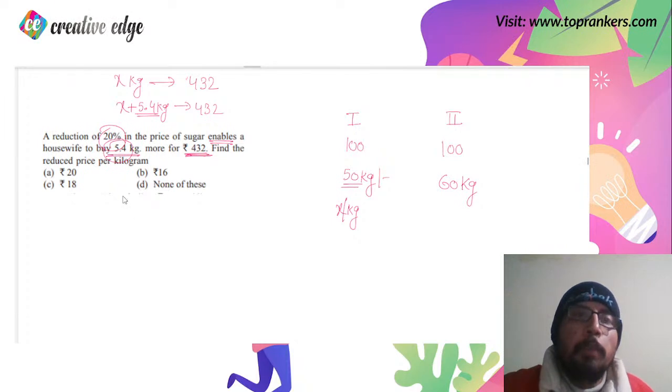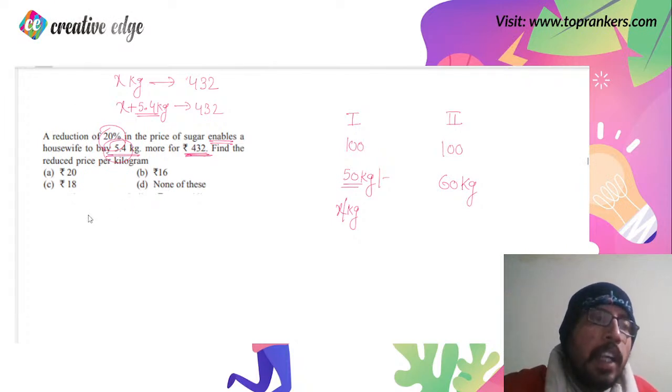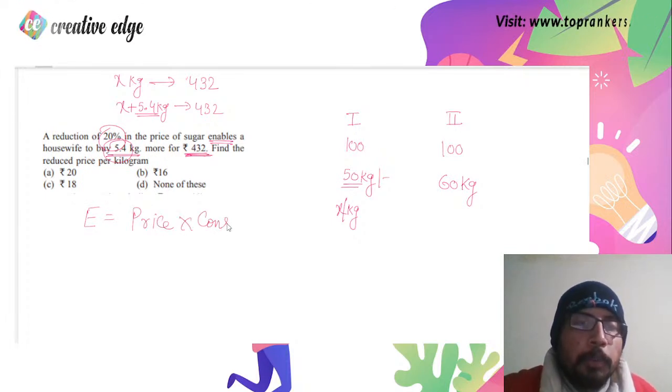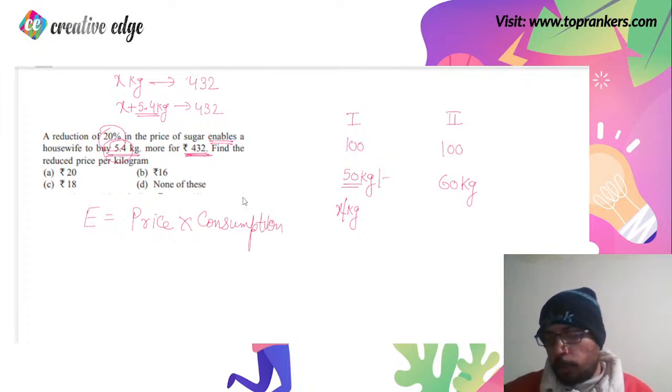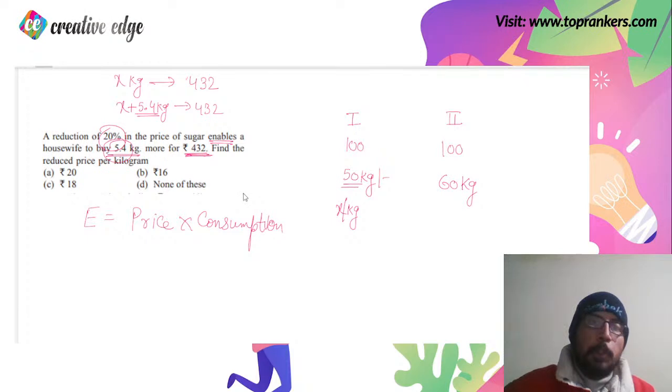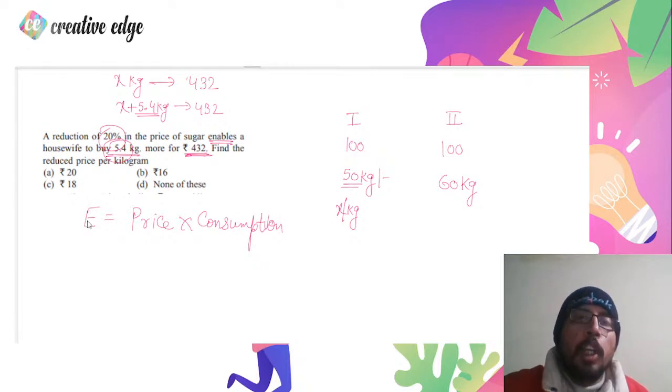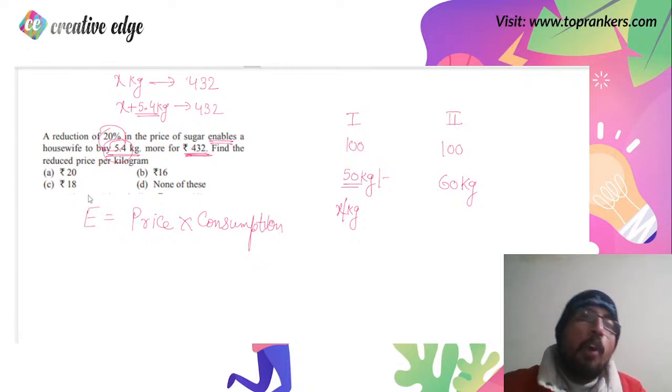So basically the concept that you should remember here is that expenditure is equal to price into consumption. This is what the relationship between price and consumption reads. Expenditure is basically the total price that you pay for the entire commodity.